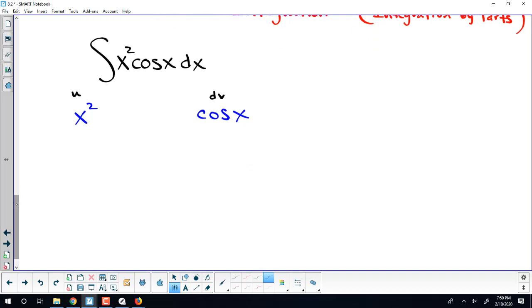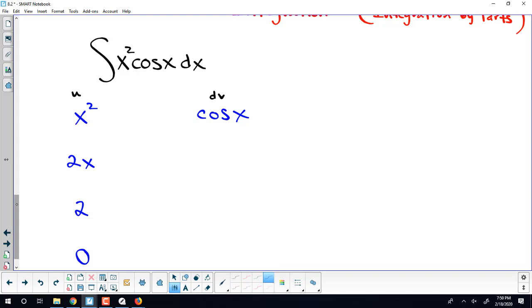So we take the derivative of x squared. We take the derivative of 2x, we take the derivative of 2, and get 0. No more derivatives to take. With the dv, we've identified cosine x, so we still take the antiderivative here.